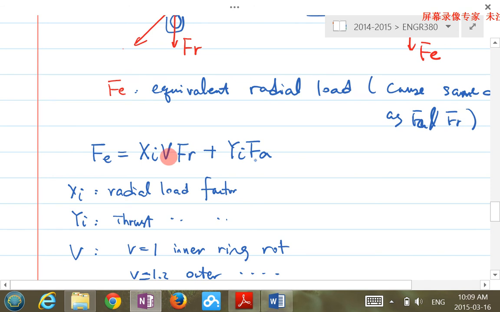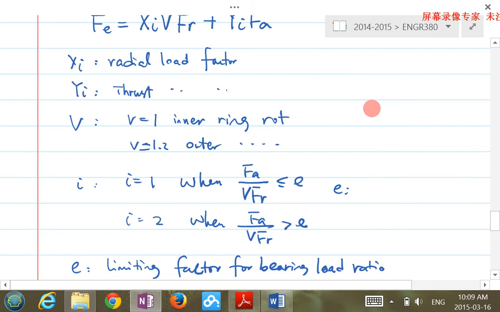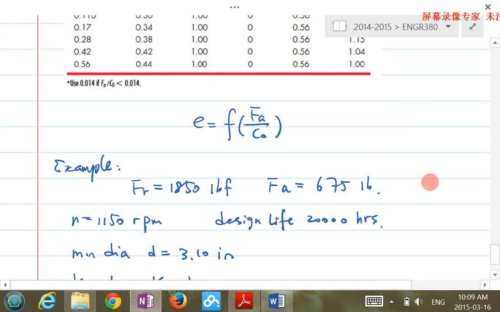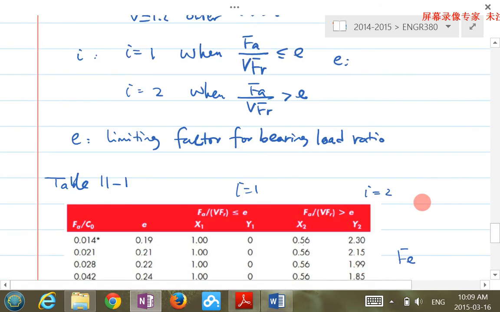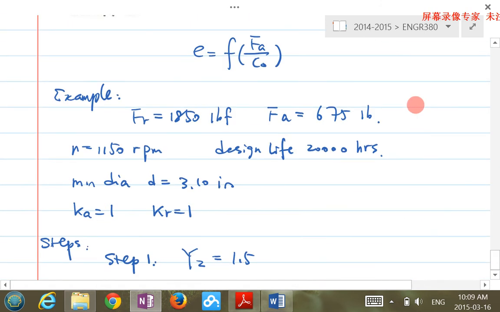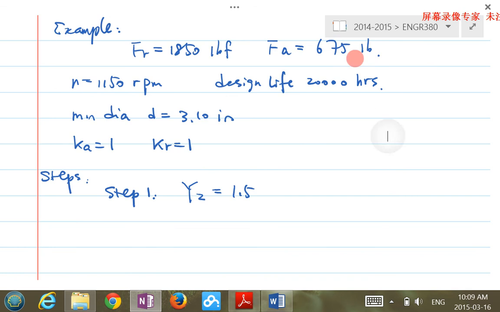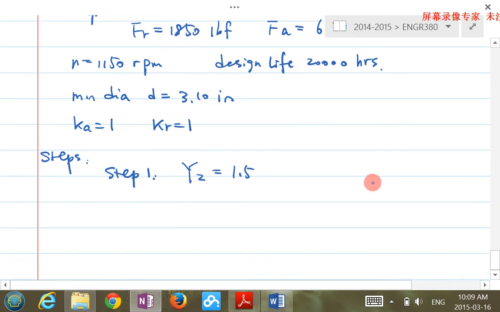So you're considering the axial load small and negligible. In this case I'm assuming it's not, and the number is 675 compared to 1850, so chances are you can't neglect that. That's why we start with a non-zero Y2.